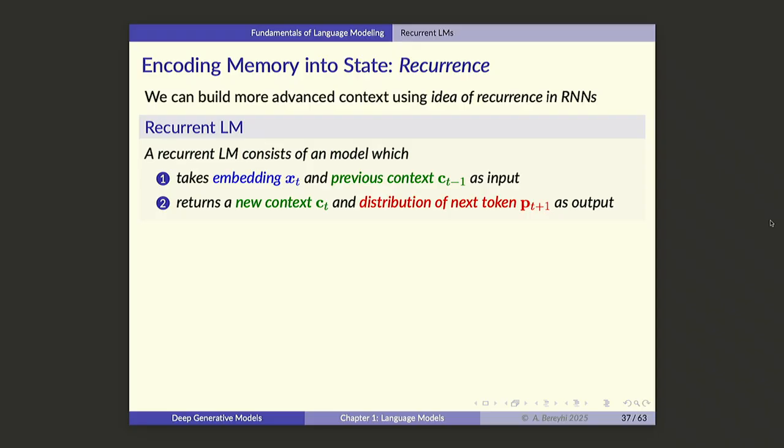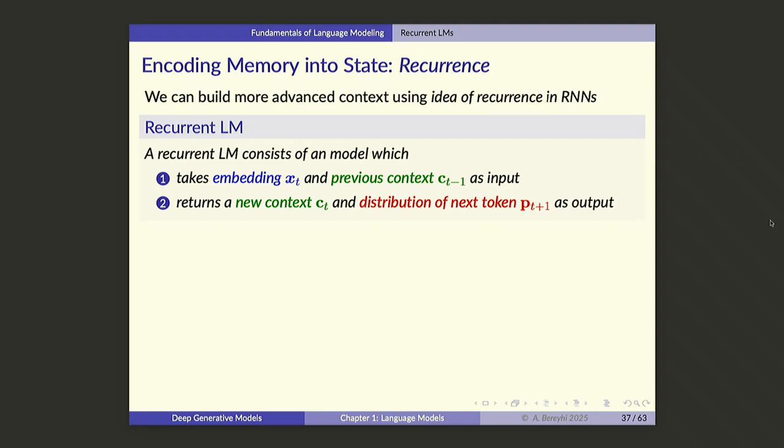And now I want to go for the next word at time t. So I'm going to take this old context and get my new token x_t. Both of them go inside the neural network. And at the output of this neural network, I get a new context c_t. So this is the context up to point t, and the distribution of the next word p_{t+1}.